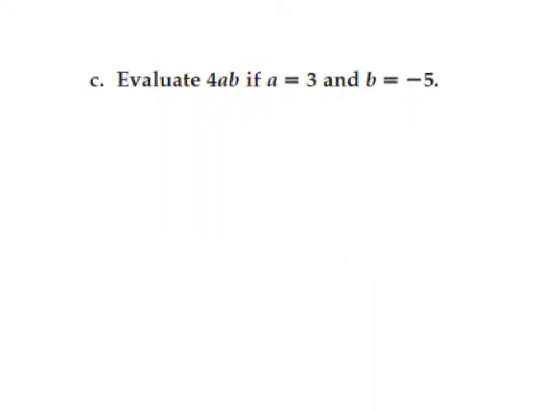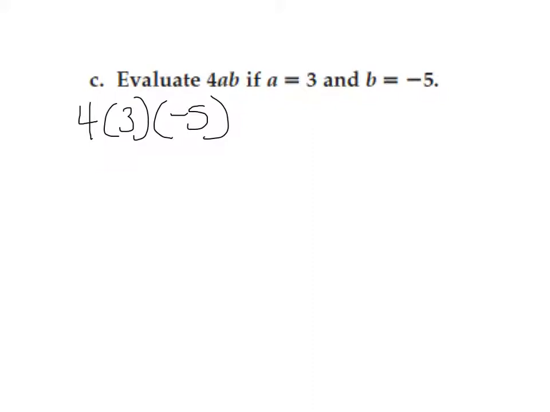In problem C, we have evaluate 4 times a times b, if a is equal to 3 and b is equal to negative 5. Evaluate means to plug and chug, as we would say. So we're going to substitute a with 3 and b with negative 5. As you can see, there are parentheses put around 3 and negative 5 to remind us that we'll be multiplying.